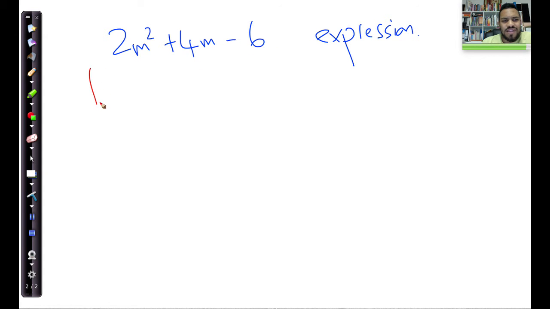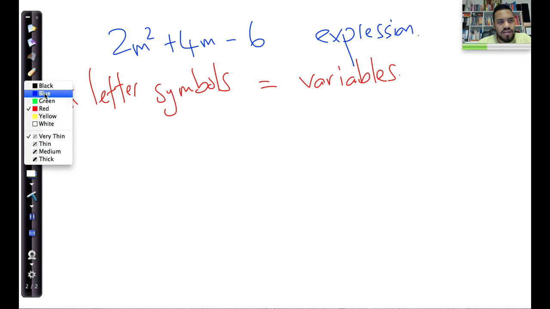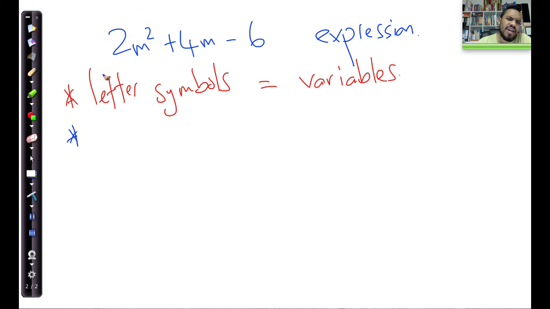In this expression, let's start with this. We've got letters, right? And these letter symbols we call variables. Like I said, this is a crash course. They can take on varying values. Number one, letter symbols equal variables. Number two, terms, a new word I'm introducing.